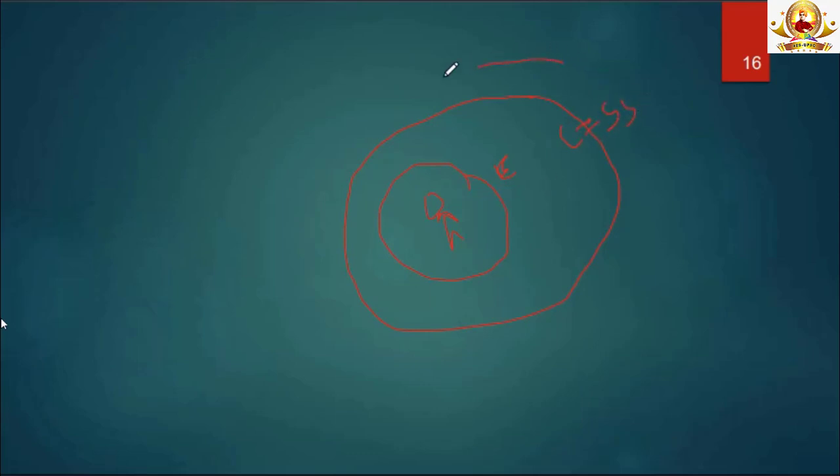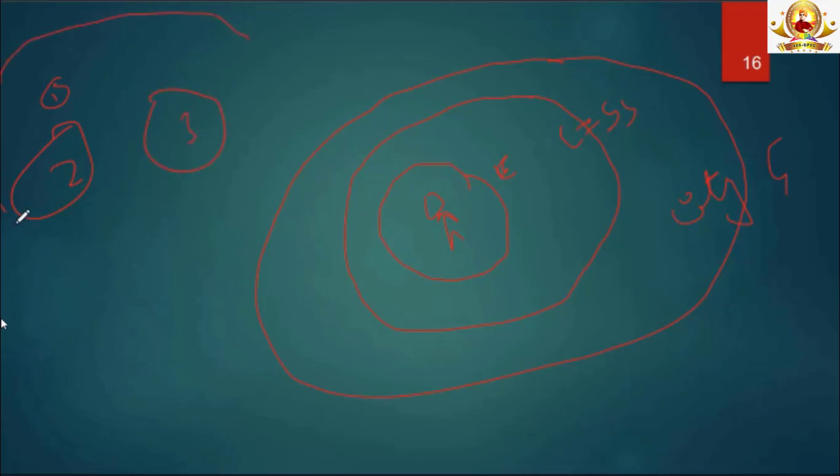Now solar system we studied is a part of a galaxy. So the city you live in is your galaxy. And galaxy, there are a lot of galaxies. This is galaxy 1, this is galaxy 2, this is galaxy 3, and so many are part of one big system which is called universe.